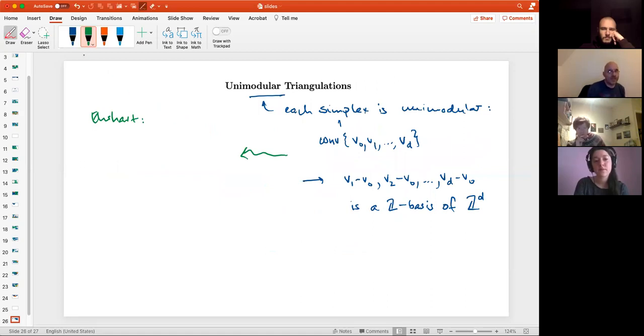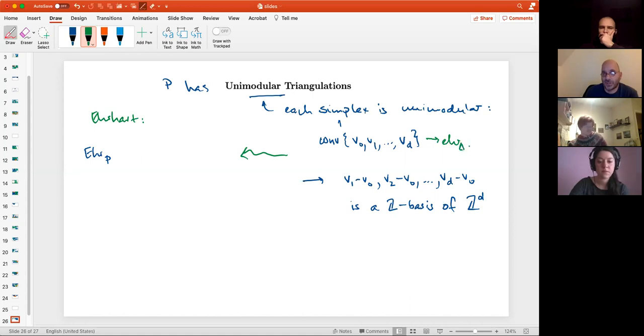If you have a polytope P that has a unimodular triangulation, then each unimodular simplex has a simple Ehrhart polynomial.